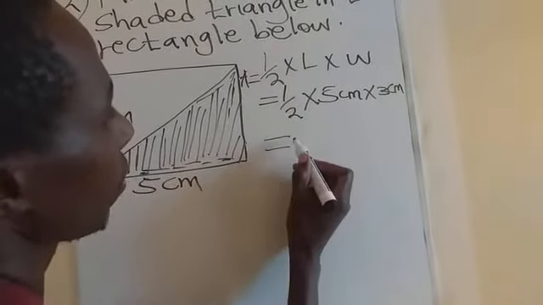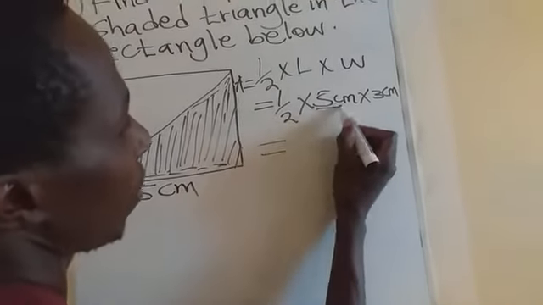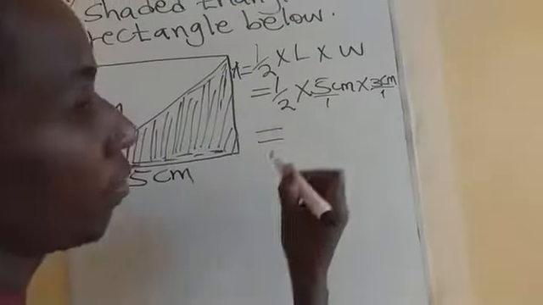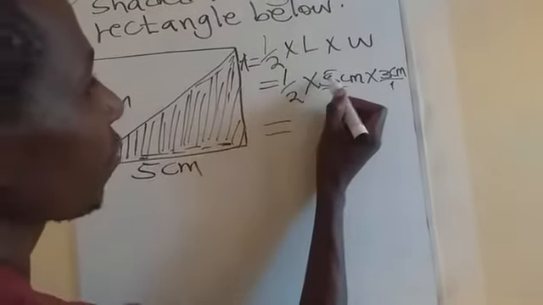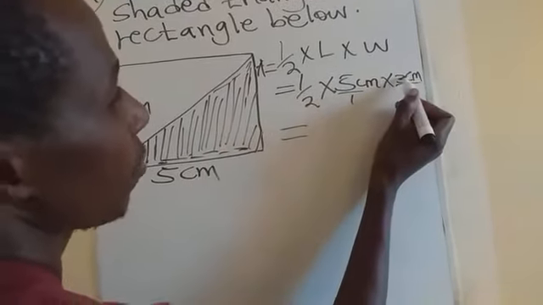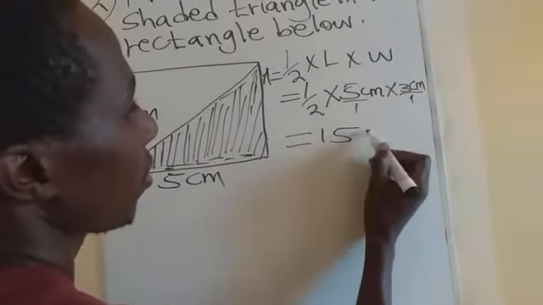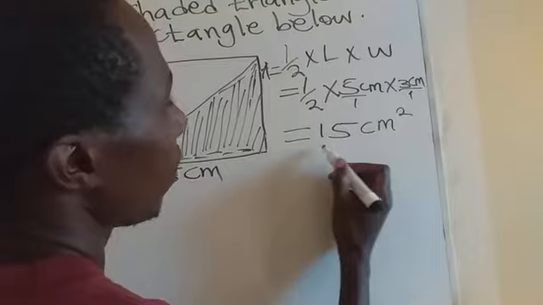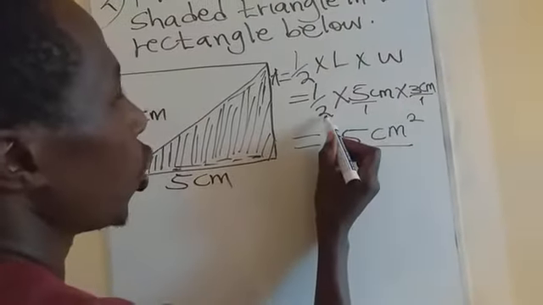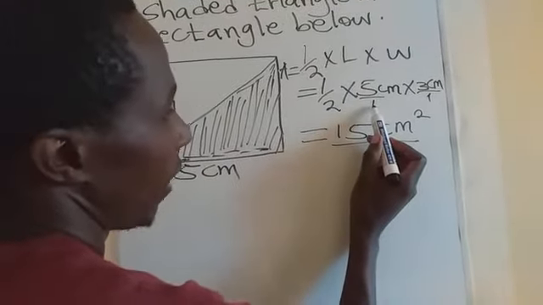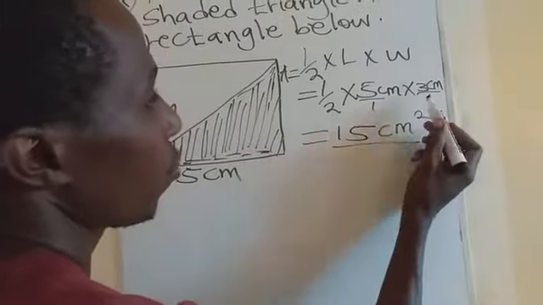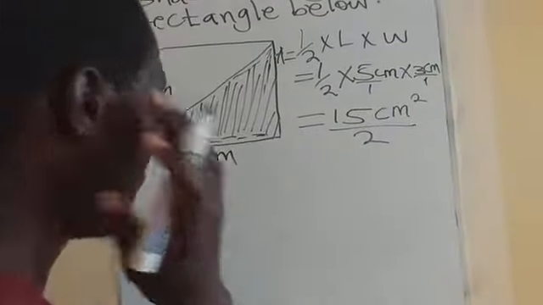Make these ones fractions as we said before. 1 times 5 is 5. 5 times 3 is 15. Centimeters times centimeters is centimeters squared. Divide by 2 times 1, which is 2.